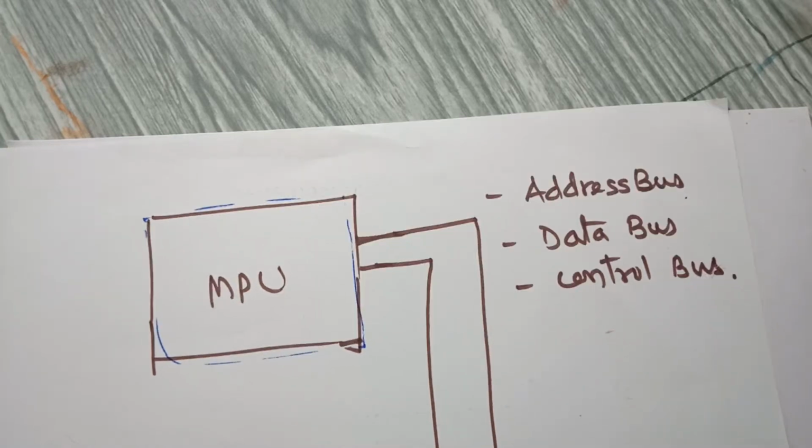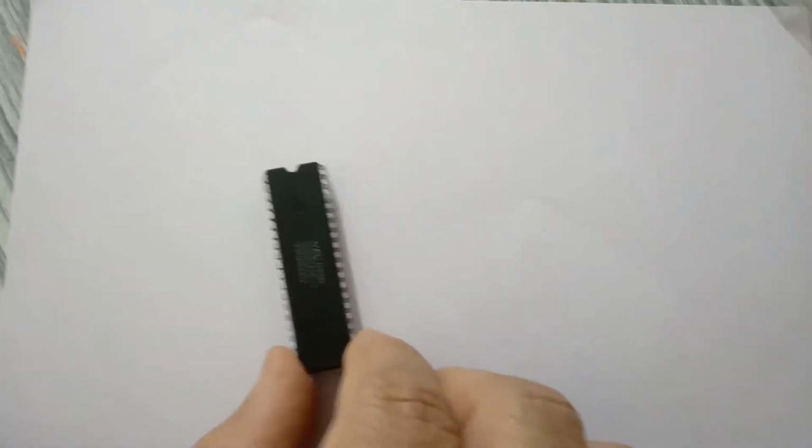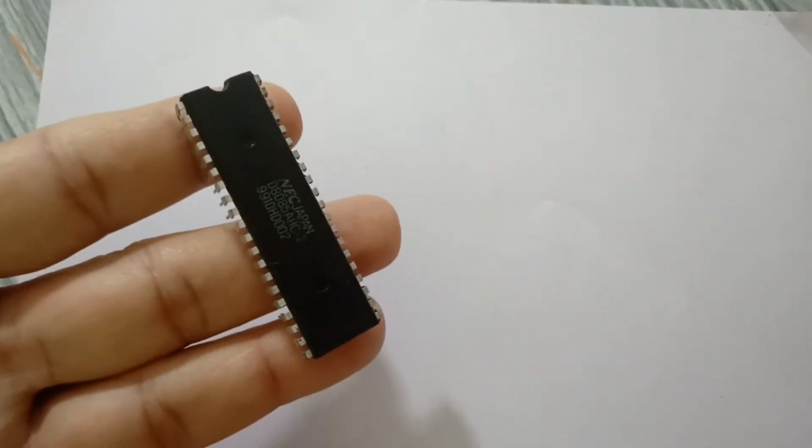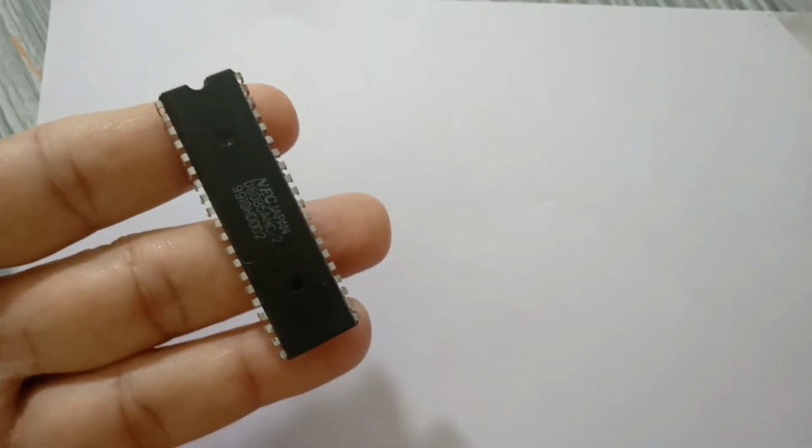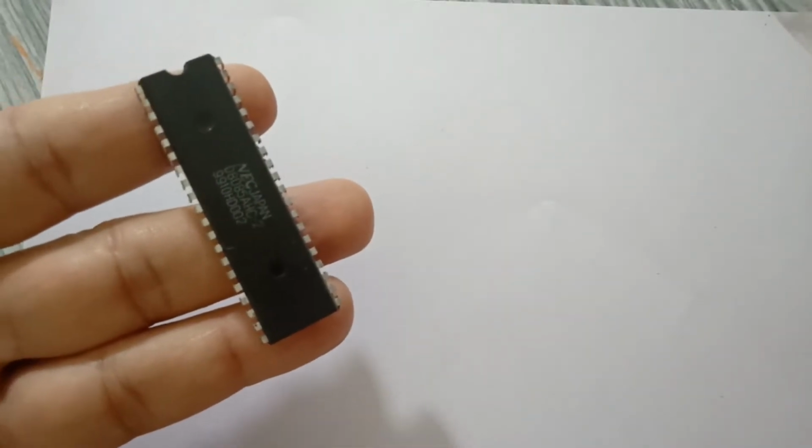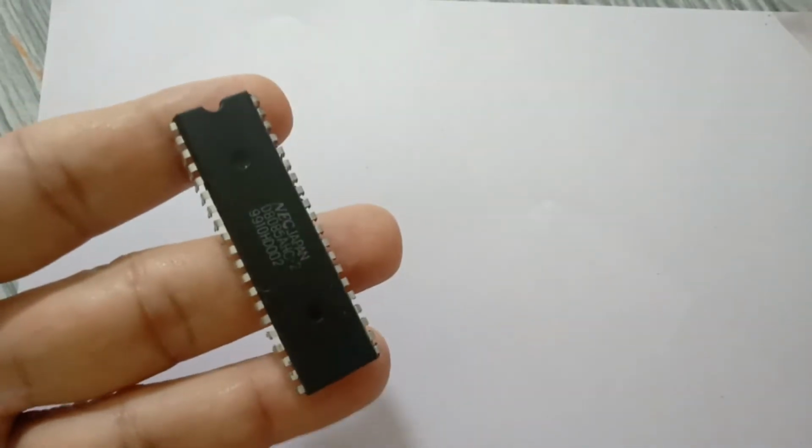So microprocessor 8085 looks like this. See this. It is a 40 pin DIP chip. It means that it has 40 pins.